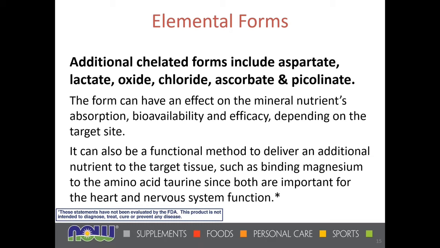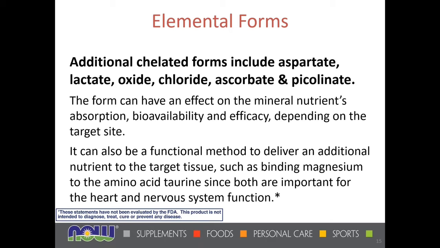And the form has an effect on absorption of the mineral and bioavailability, but also efficacy, because it kind of depends on the target site. The type of substance that's attached to the mineral can be a functional method to deliver that nutrient to a target tissue.